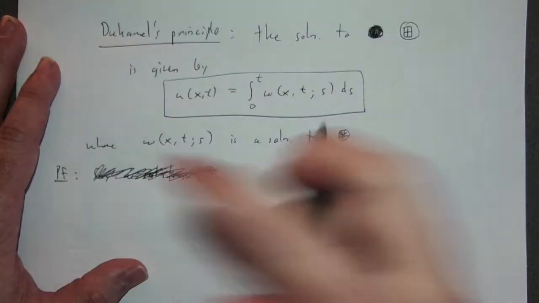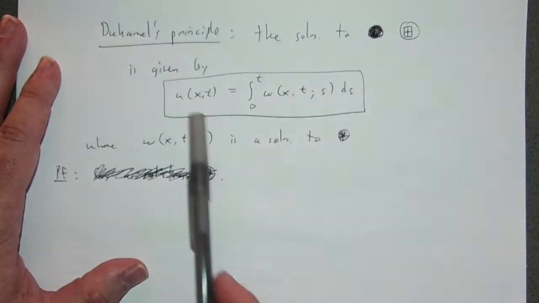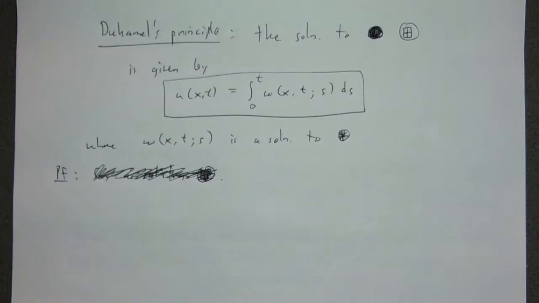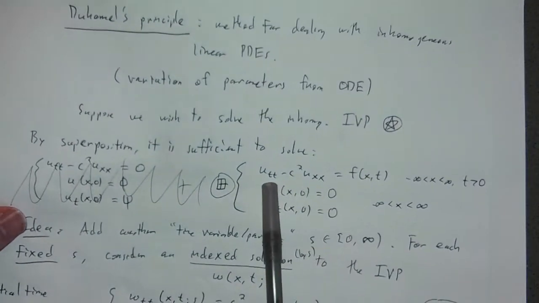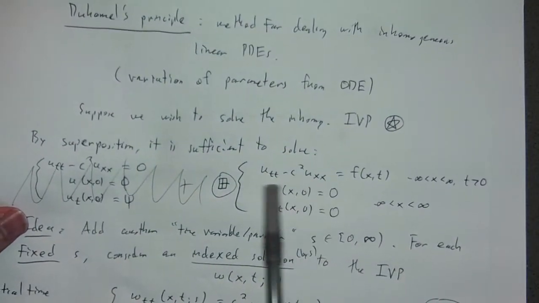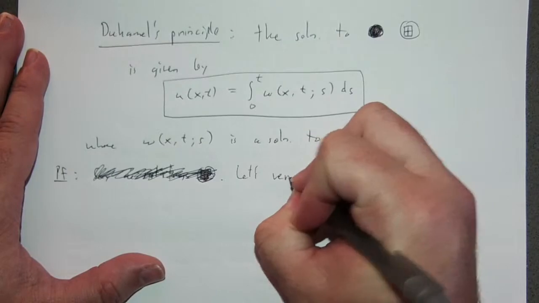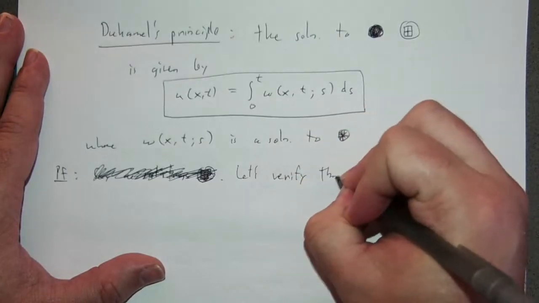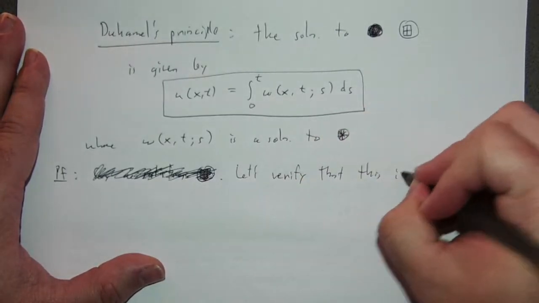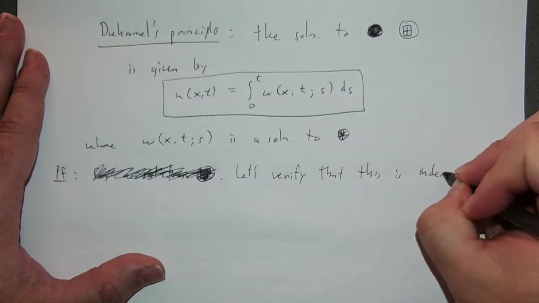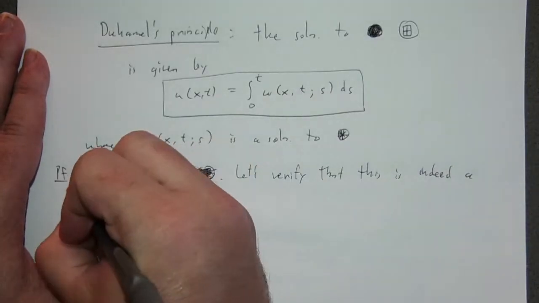So first, if I'm wanting to check that this actually works, I want to differentiate this thing, obviously, with respect to t and x twice in order to verify that this works. So let's verify that this is indeed a solution.